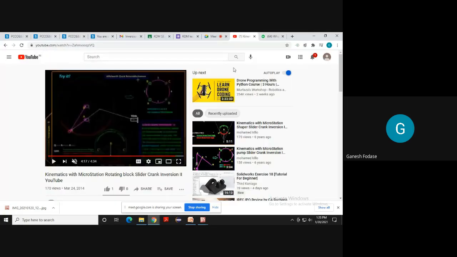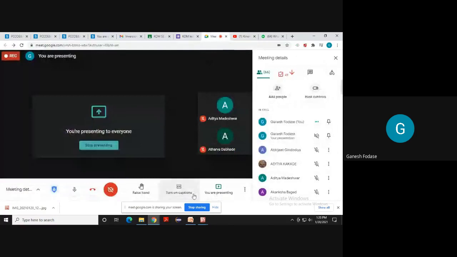Okay, so this is your Whitworth quick return motion mechanism, which is an inversion of a single slider crank chain.